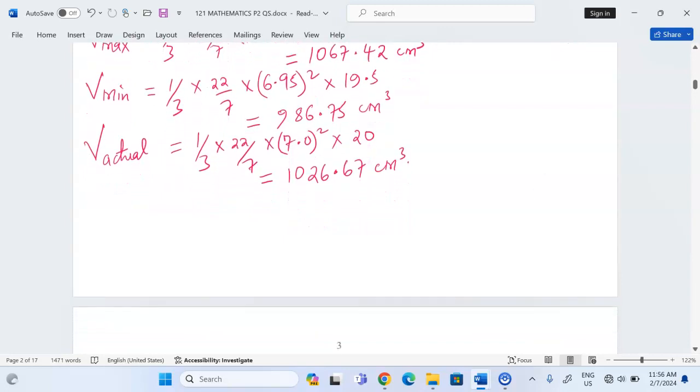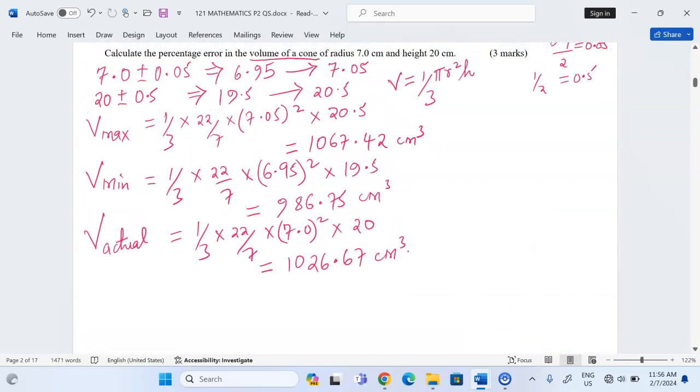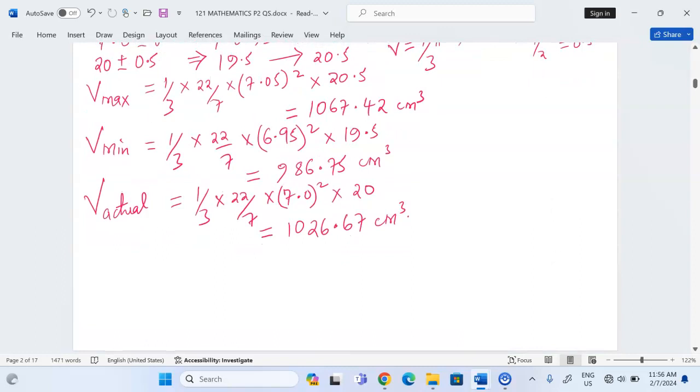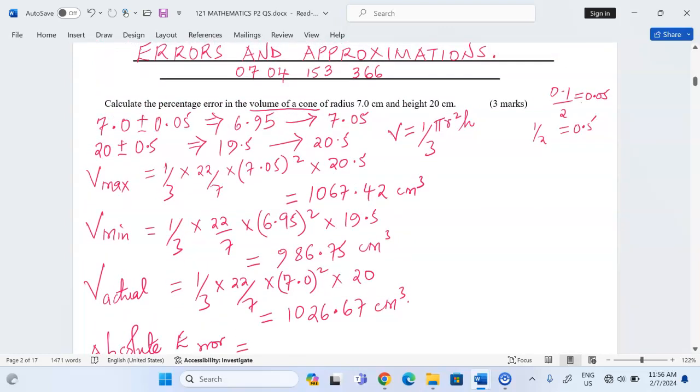For us to get the absolute error in the calculation of volume, remember there was absolute error in the recording of values, which was for radius 0.05 and for the height 0.5. That is about the recording.